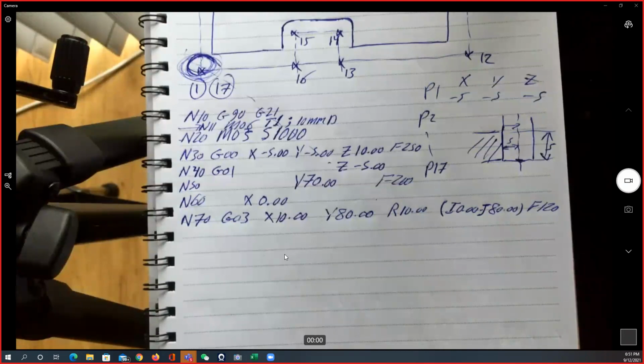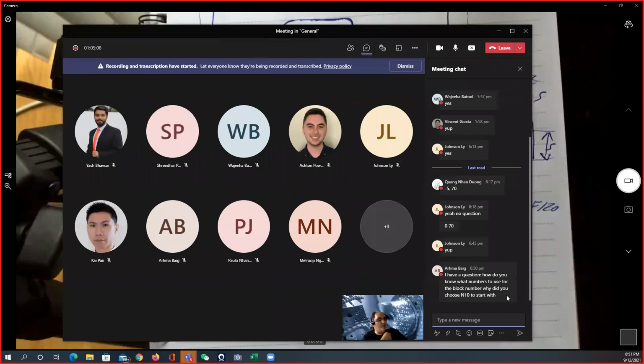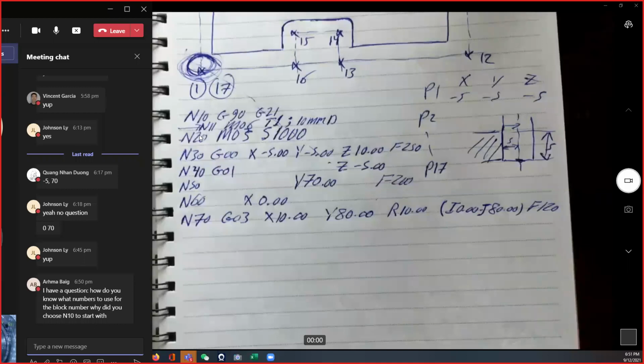I'm sorry, I need to show the question to the people on Zoom. So this was the question. He said, I have a question. How do you know what the number is for the block number, and why did you choose N10 at the start? The answer is shown here. I use N10 and N20. Then I said, wait, I need to put an extra line.